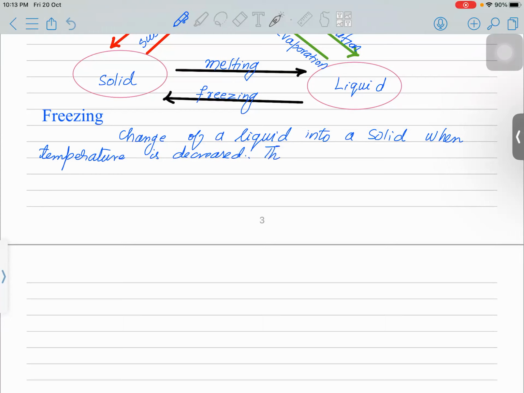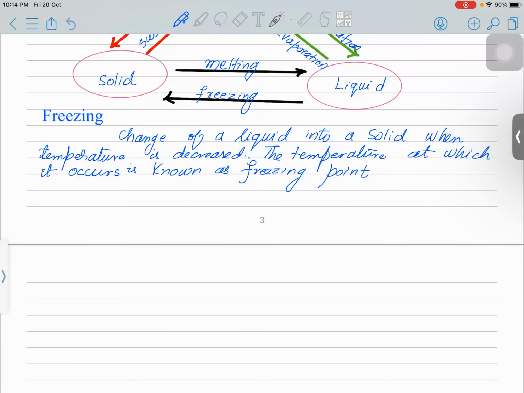The temperature at which it occurs is known as the freezing point.